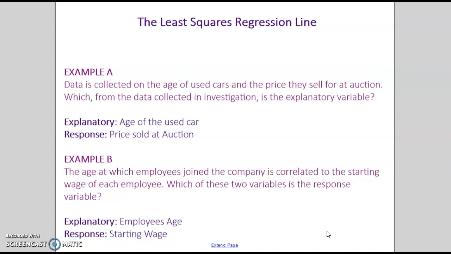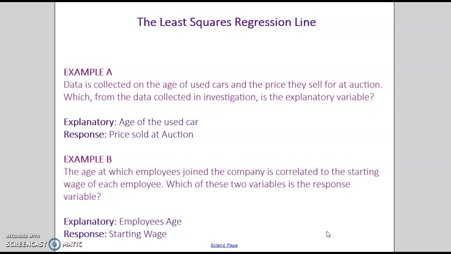On page 23, if you can just make sure, please, that you have got those two examples written down. You might want to just pause the video here so that you can do that. Okay, so what I would like you to do, please, is have a go at exercise 4.3a, which is at the bottom of page 23. There's only 6 questions, but if you can have a go at doing those for me, please.